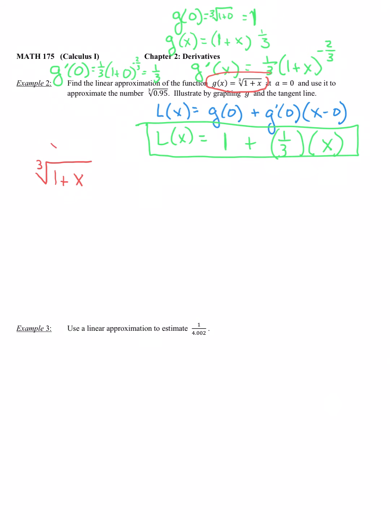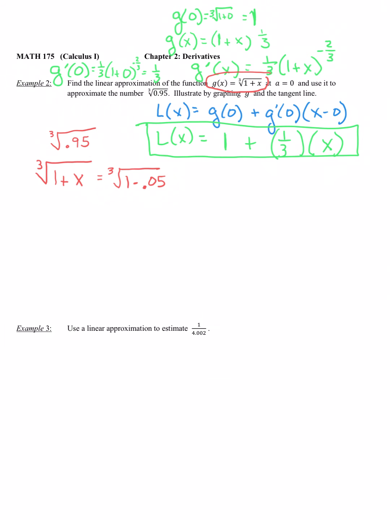But they want us to approximate 0.95, the cubed root of it. So be super careful, because how do we write 0.95 in this form? It would look like this, would it not? This is a little bit tricky, but if you look here, the x value is 0.05.